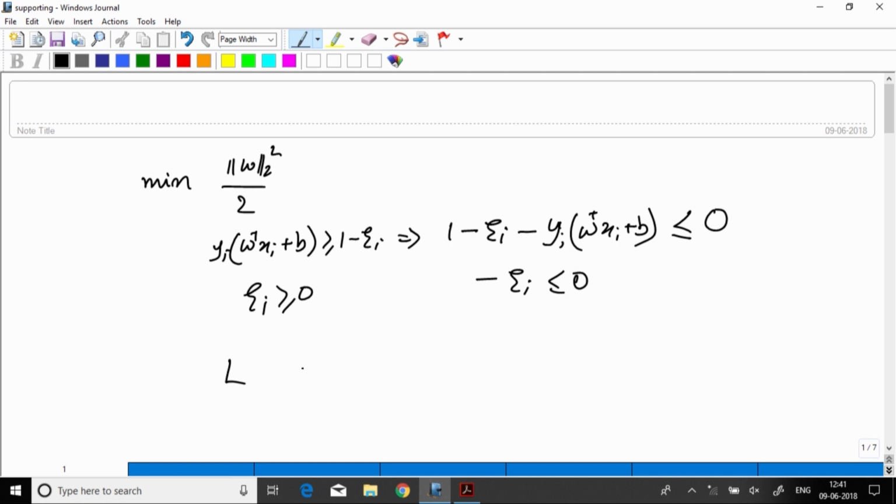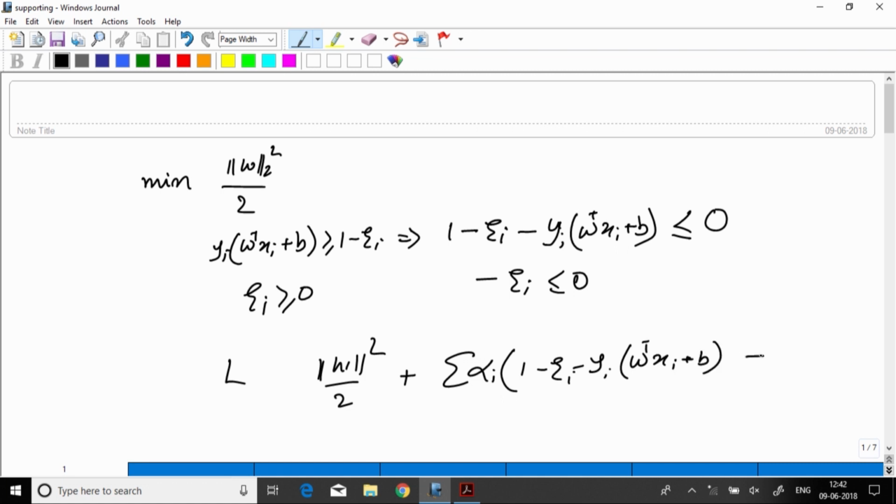And therefore our Lagrangian function will be this term in W, and then we will have a sum over alpha_i times (1 minus xi_i minus y_i (W transpose x_i plus b)), and then again minus the sum of gamma_i xi_i.